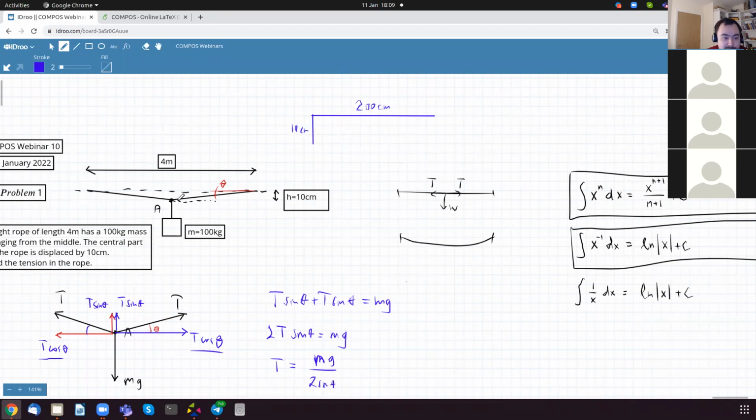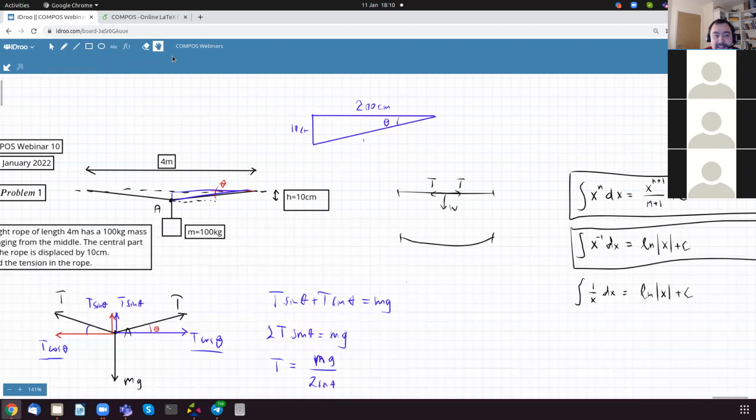I'm drawing this triangle, and this angle is theta. If I want to find sine theta, there are different ways I can do it. I can first use the Pythagoras theorem to find the third side, and then find sine theta. I'm sure you all can do that.